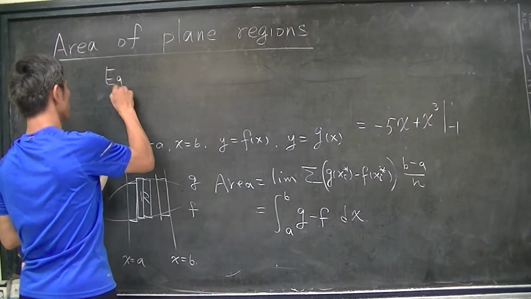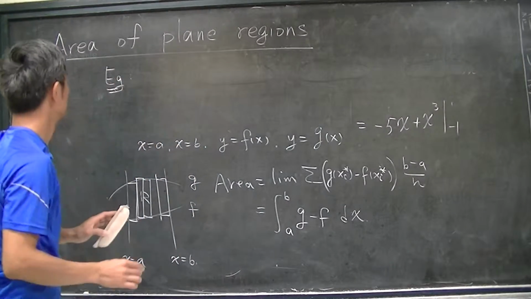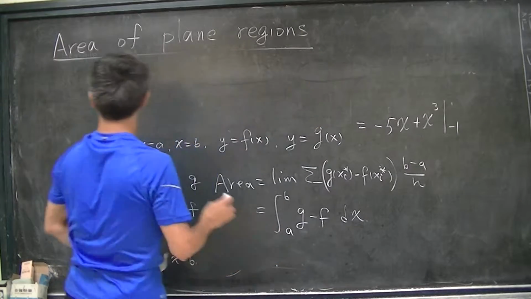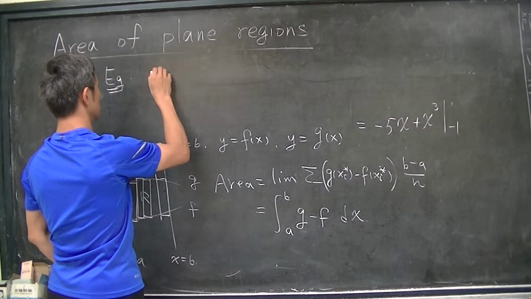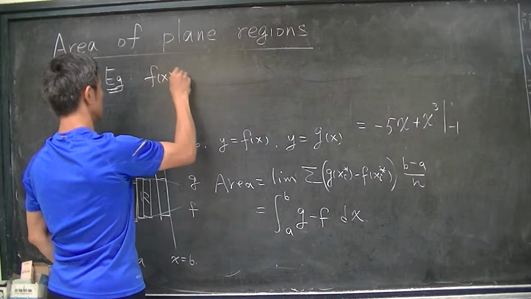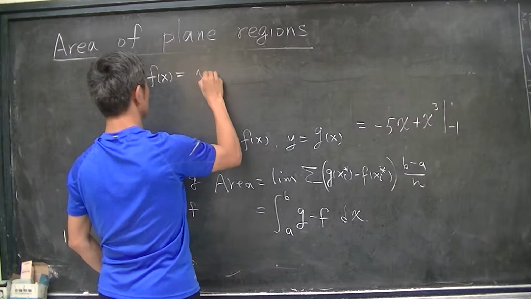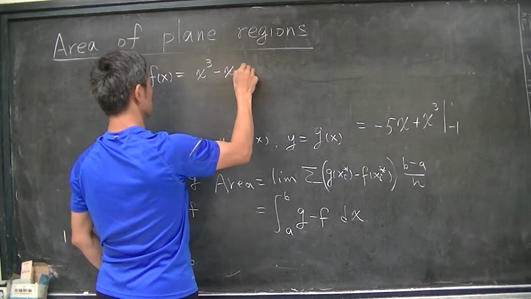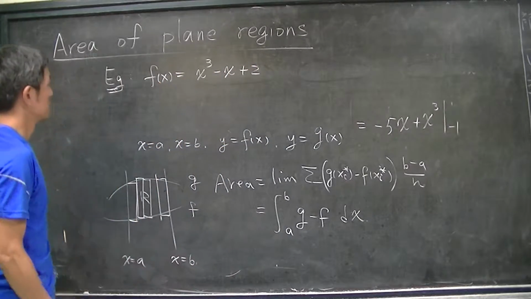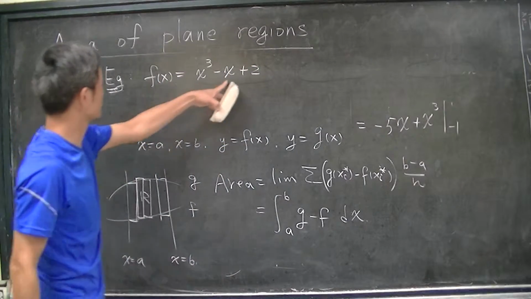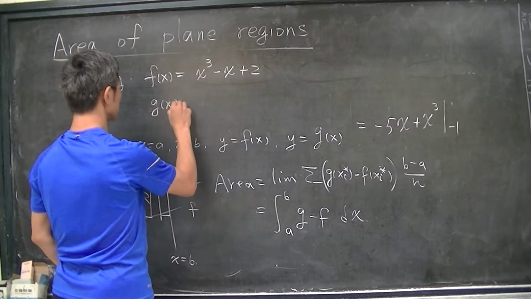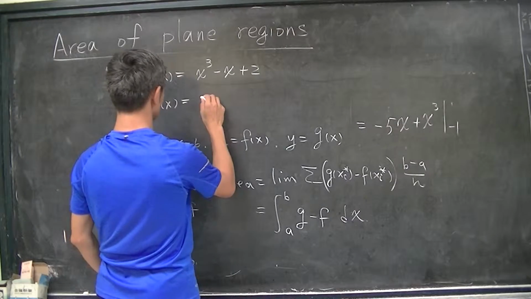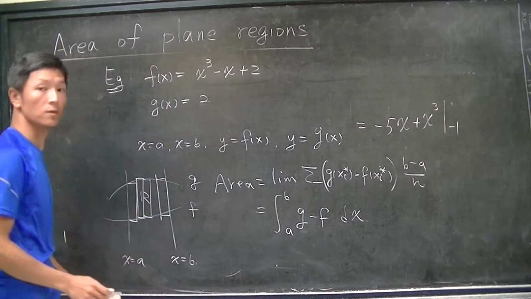For example, if we have f of x equal to x cubed minus x plus 2, and g of x just 2.